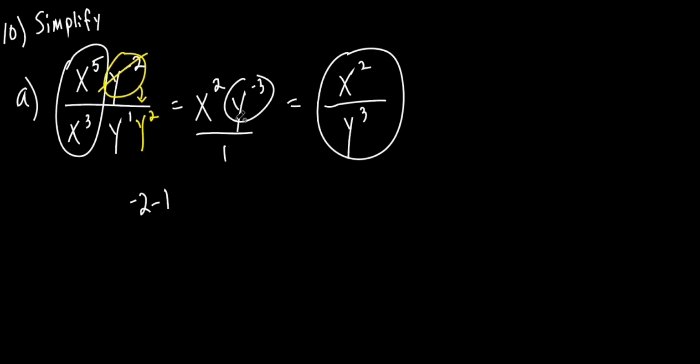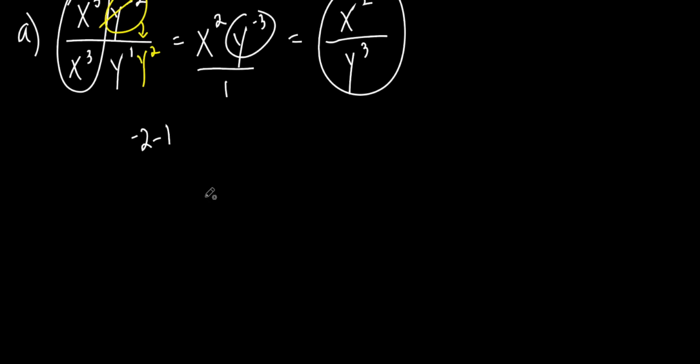Some of you would just rather subtract the exponents, perfectly fine, but this is what I would do. And then what do you have on the bottom? Just a y cubed. Boom, there it is. See how easy that was? It's how you think about it. Like I said, there's no right or wrong way, it's just a slight variation.